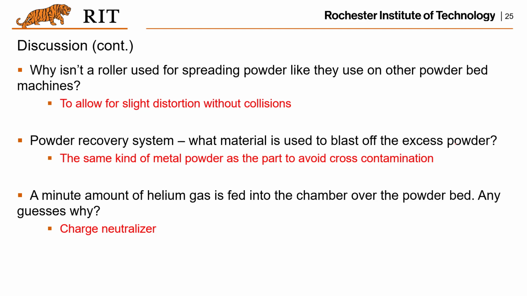The more important thing is that when the electron beam hits the helium molecules, an electron of the helium will be knocked out, such that the helium gas becomes positively charged, and it turns out it will neutralize the negative charge of the powder bed after the electron beam hits the powder. And basically, that's the charge neutralizer for this process.